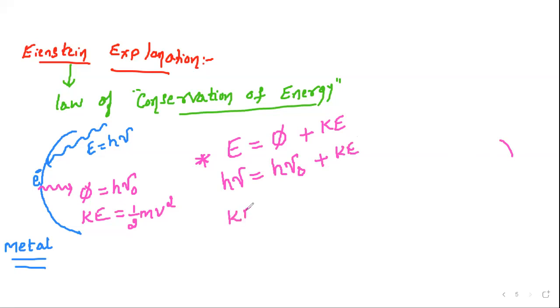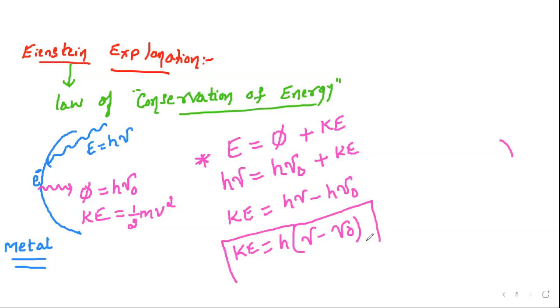So kinetic energy is equal to h nu minus h nu naught, or kinetic energy is equal to h into nu minus nu naught, isn't it? So this is the kinetic energy.